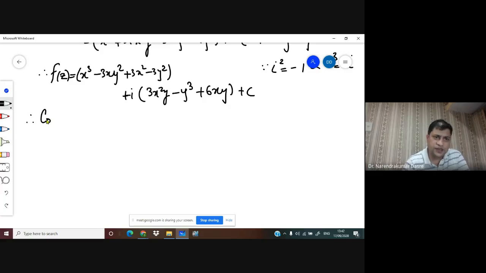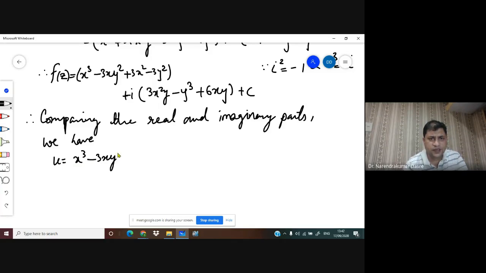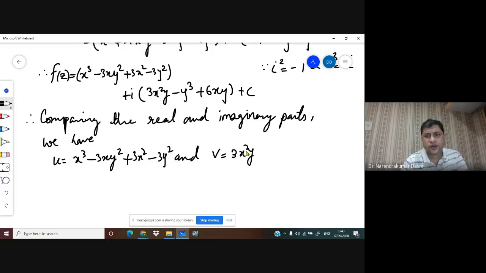Okay, so we can say, comparing real and imaginary parts, we have u is equal to x cube minus 3xy square plus 3x square minus 3y square, and v is equal to x square y minus y cube plus 6xy.